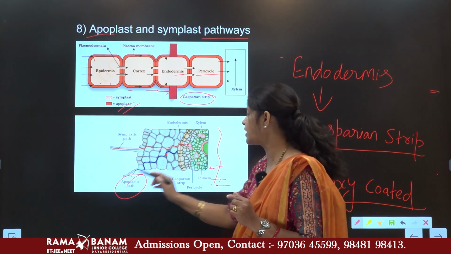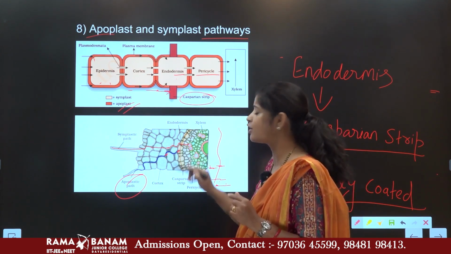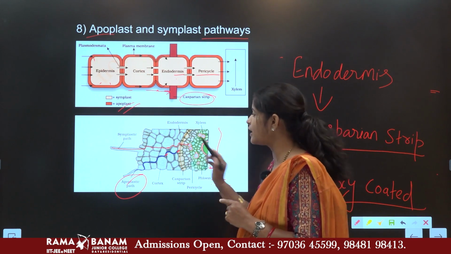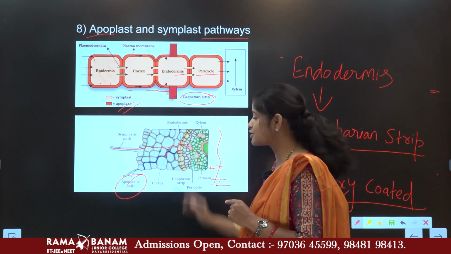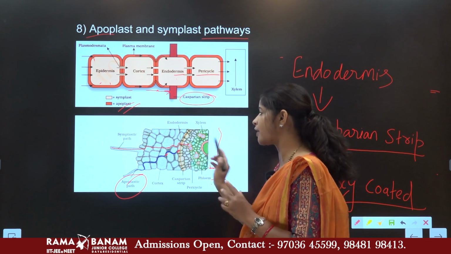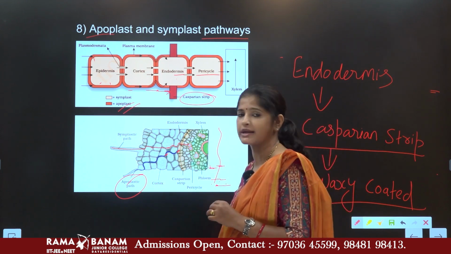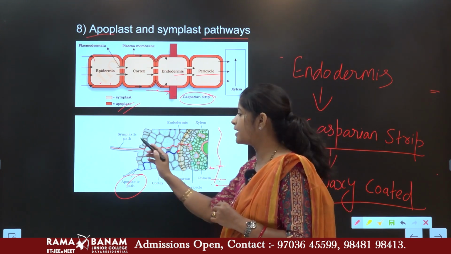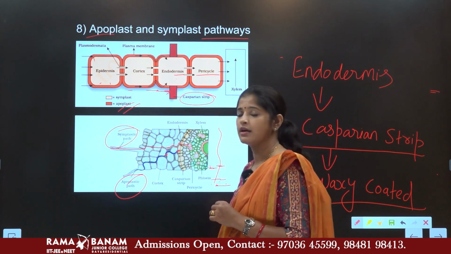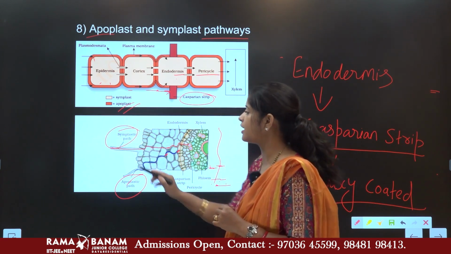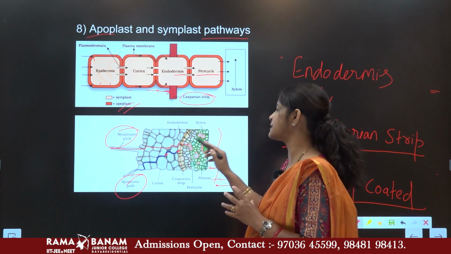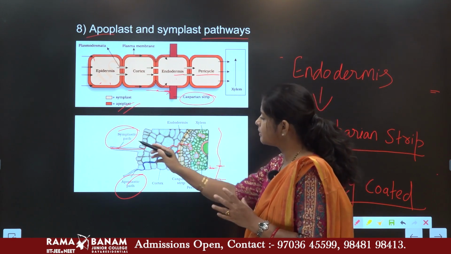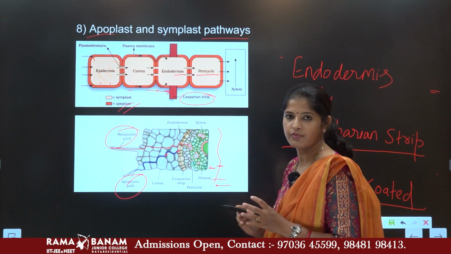From the root hair it goes till the endodermis, and water is not moving after the endodermis if it is the apoplast. And when it is the symplast, then from the root hair it comes to the endodermis, then it goes to the pericycle, meaning it is continuous.